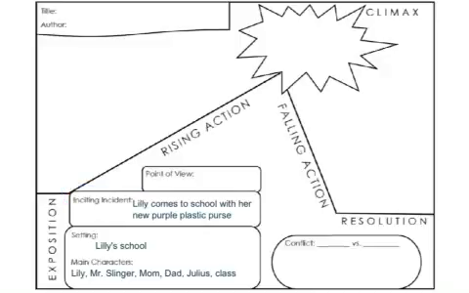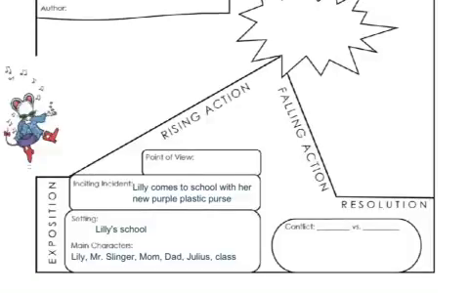I'm going to say that the inciting incident happens after Lily goes shopping with her granny, and she comes to school with a new purple plastic purse that plays music, and she has jingly quarters and movie star sunglasses. So now we've got a very excited Lily who cannot wait to show her class all of her wonderful things.